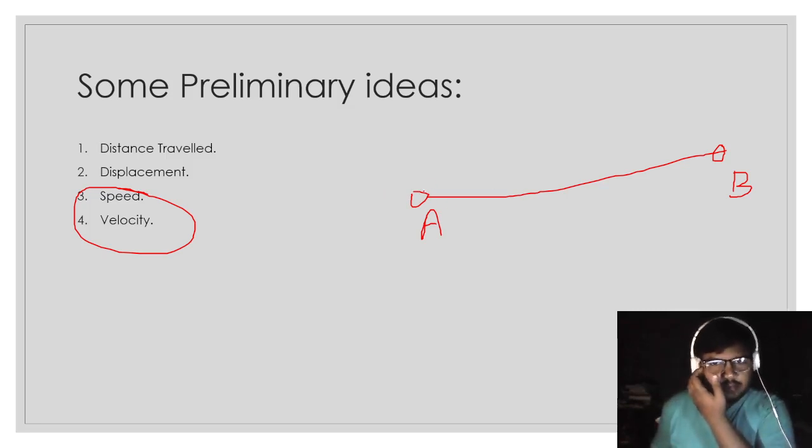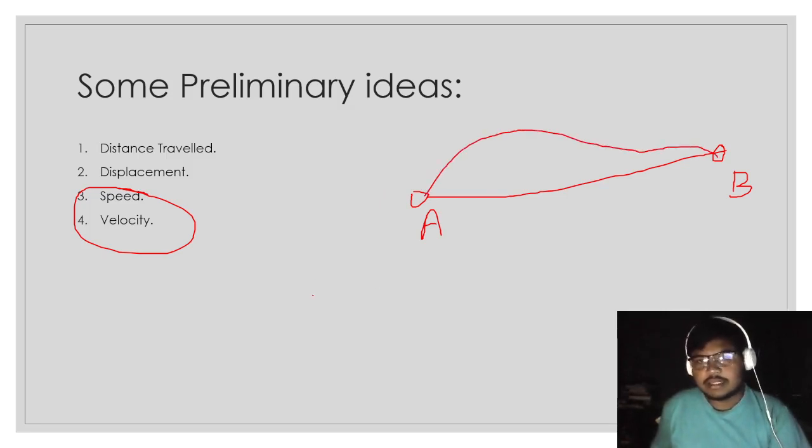Sorry for my poor drawing skills. And there was another way like this, and take another path, that is here. This is path 1, and this is path 2, this is path 3.